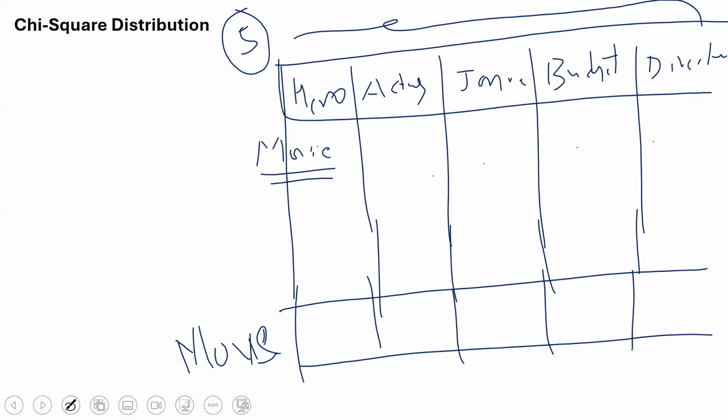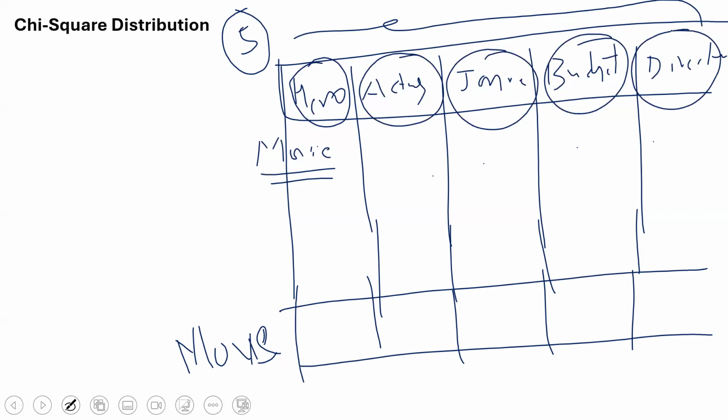Now, do you have to consider all these parameters? Do all these parameters have equal importance? Do they have the same weightage, or do you think they have different weightages? Do you think anything has nothing to do with the movie being a hit or not? Is budget a parameter to make sure a movie is a hit?